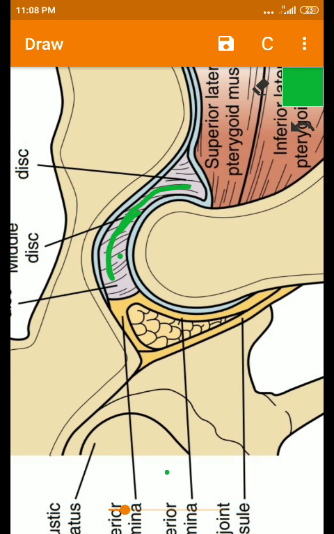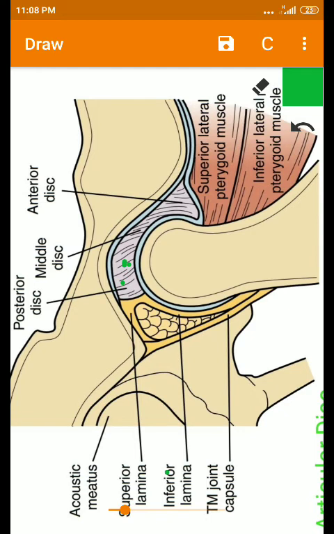GAGs maintain the disc resilience, that means the toughness of the disc, and also help in resisting mechanical compressive force. So this is about the articular disc composition.